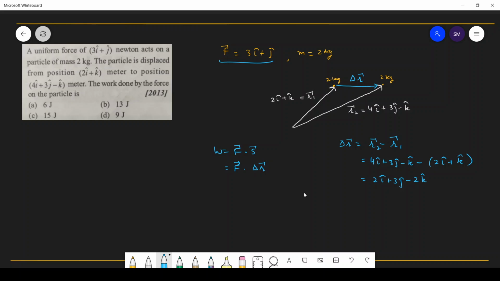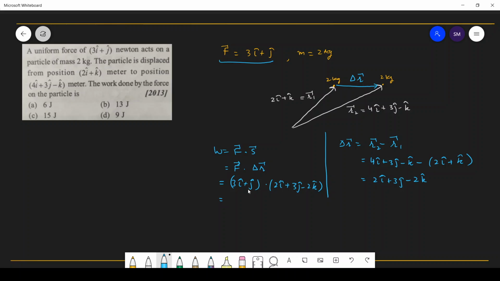Come on, so what do you get? Put these values over here: 3i cap plus j cap dot 2i cap plus 3j cap minus 2k cap.